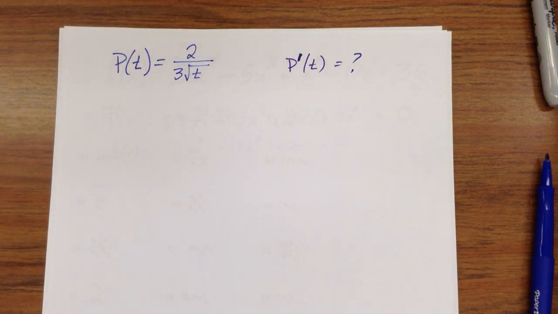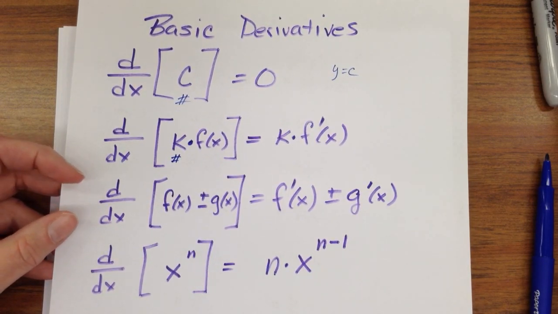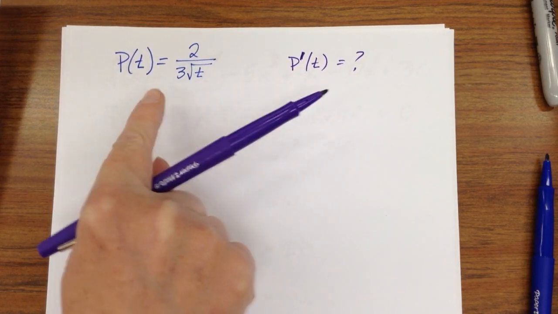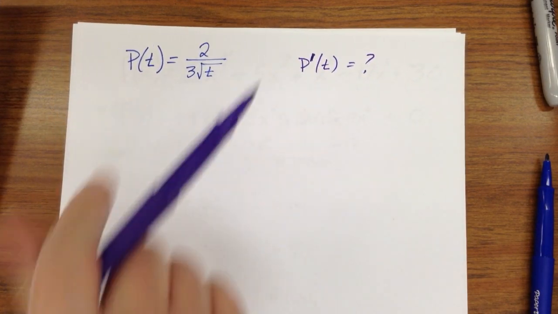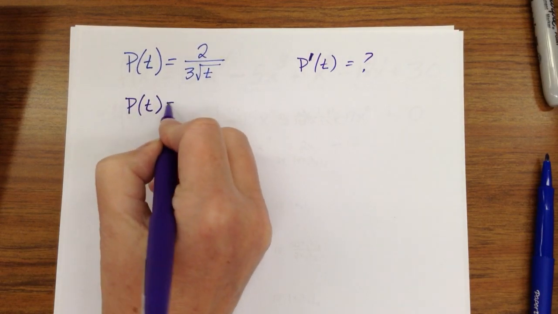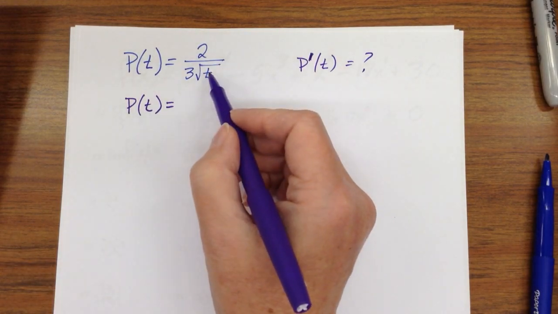No, it just means in order to make it fit one of these rules, or two of them, we might have to do a little bit of work. So before we find the derivative, we are going to rewrite the original function. This is not the derivative yet. I'm just rewriting. Rewriting? What do you mean? Can't we rewrite a square root?